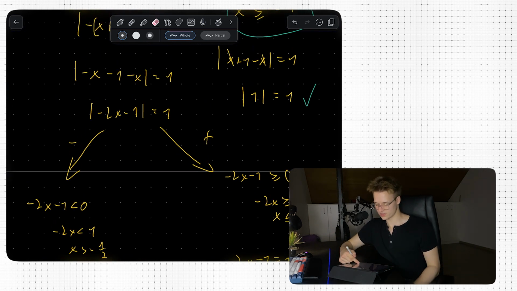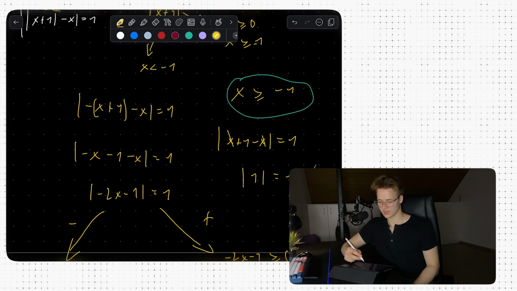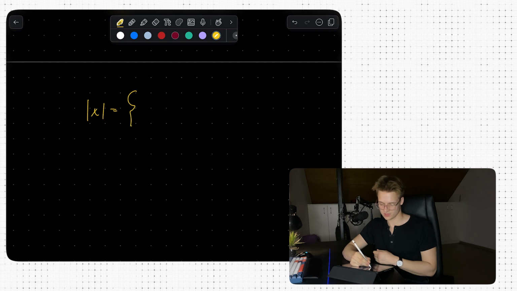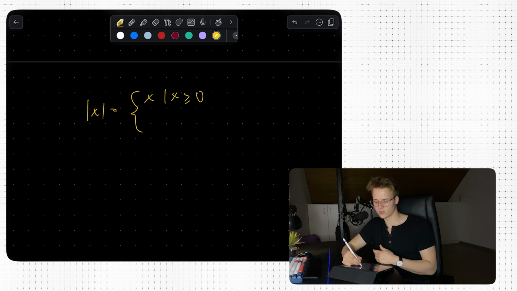The reason for this is that it wouldn't matter how we described the absolute value function. We can say that the absolute value of x is x if x is greater than or equal to 0, and minus x if it's less than 0.